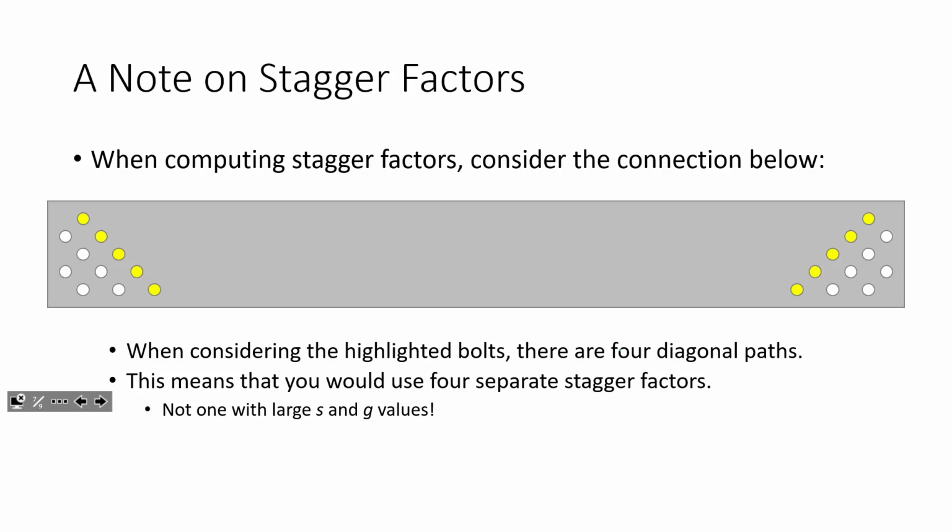Okay, now one other note on stagger factors. I want to make sure that everybody's clear on this. Let's take a look at this connection, okay? I want to look at this path.